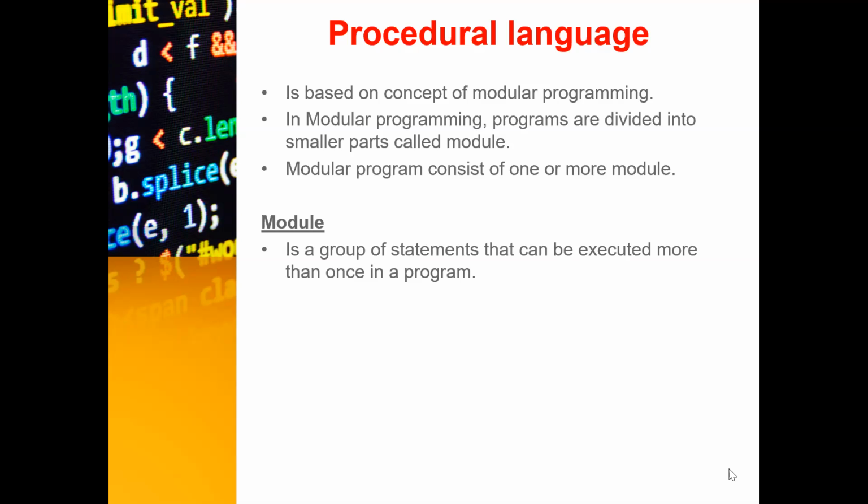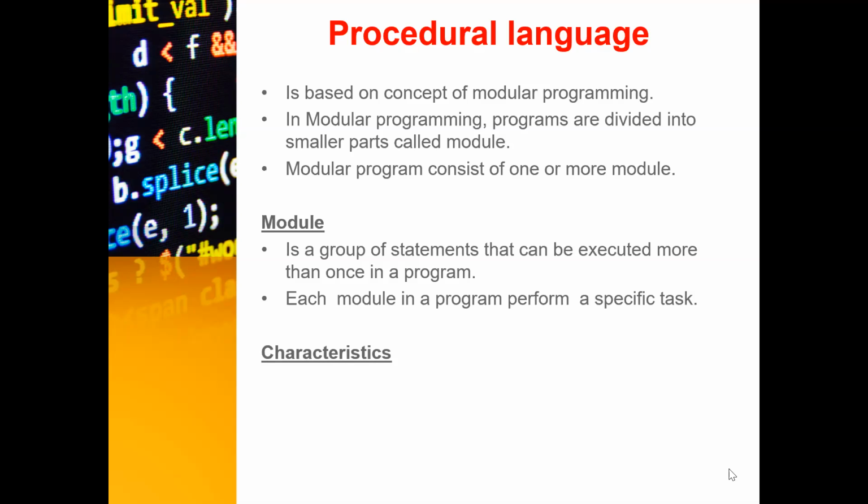So what is a module? A module is a group of statements that can be executed more than once in a program. Note down the definition of module. Each module in a program performs a specific task.